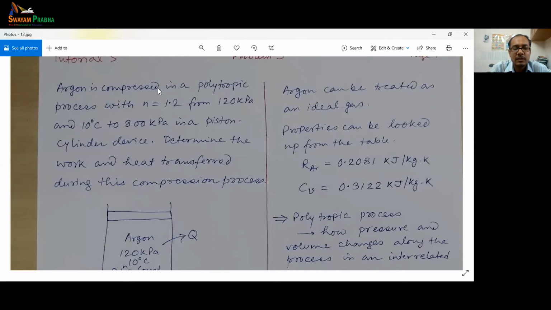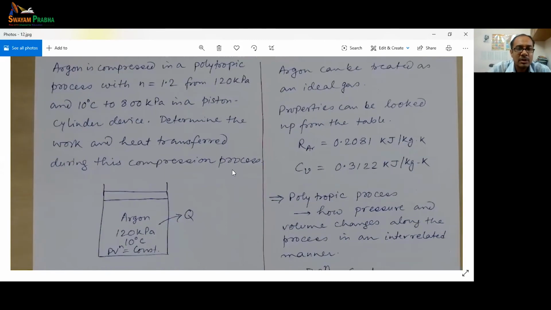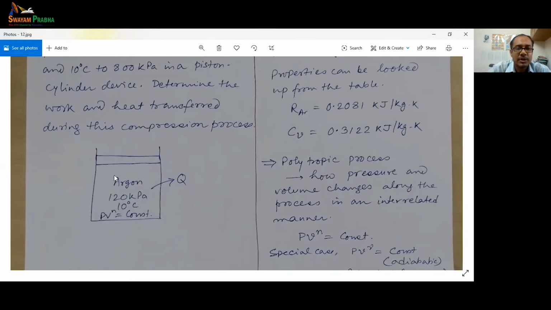N is 1.2 as given, and the initial condition is 120 kPa and 10 degrees centigrade. The pressure is increased by compression to 800 kPa in a piston cylinder device. Now determine the work and heat transfer during this compression process.